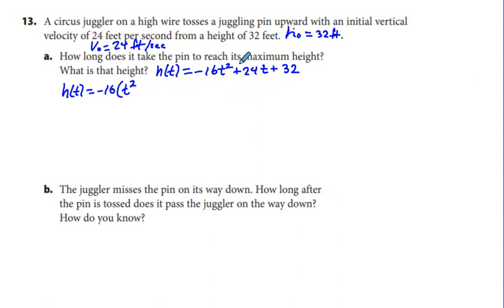And then what we're going to have to do is factor out a negative 16 from this 24t. To do that, if we take 24 divided by negative 16, we're going to get negative 12/8, which simplifies to negative 3/2.